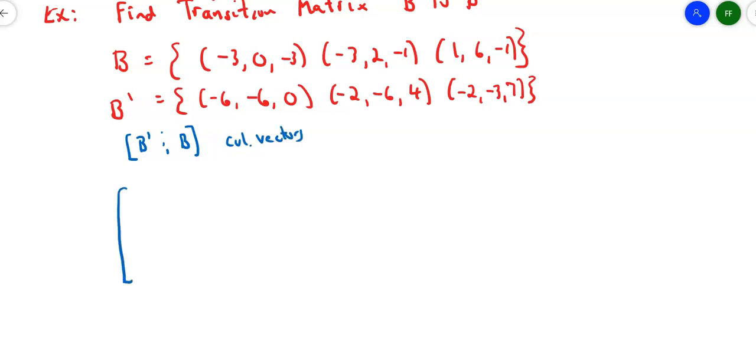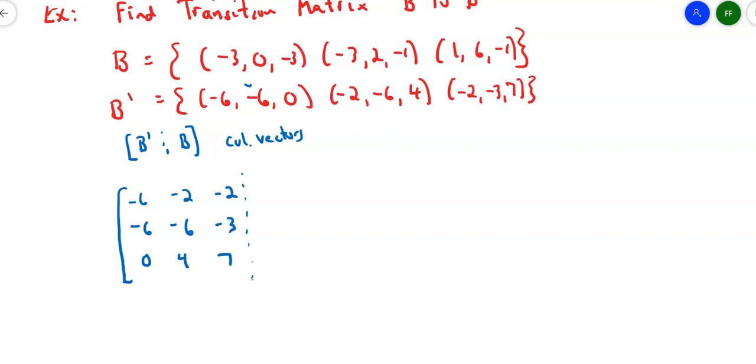So my first column is going to be negative 6, negative 6, 0. The second one down the column will give me negative 2, negative 6, 4. Third one down the column will give me negative 2, negative 3, 7. So that's B prime. You don't have to draw that in there, but you can.